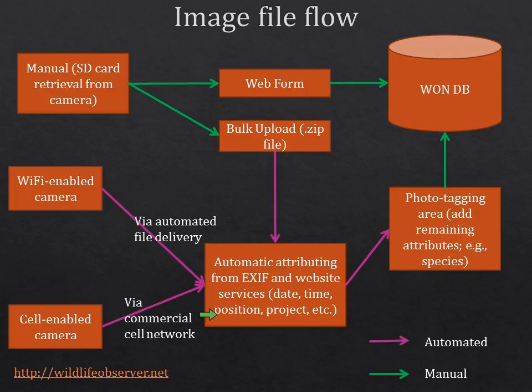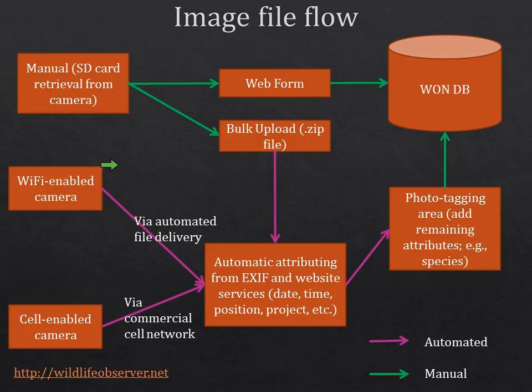So the geography, the position, and the project are associated with the wildlife image. That's all automatic. Then the manual process is to tag the image, and I'll talk about how to do that, with the species, the animal activity, et cetera. All of that ends up in this relational database, which can be queried.